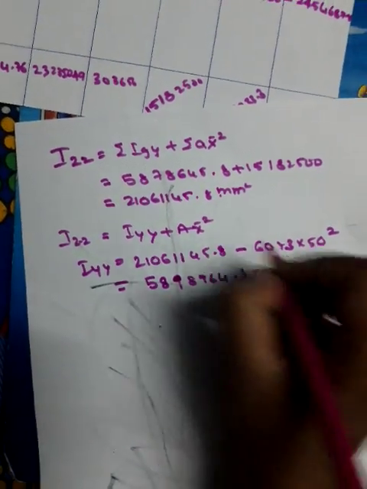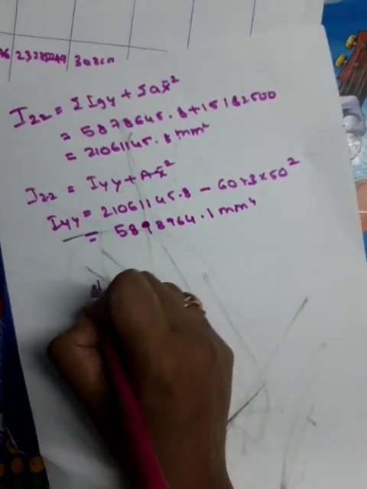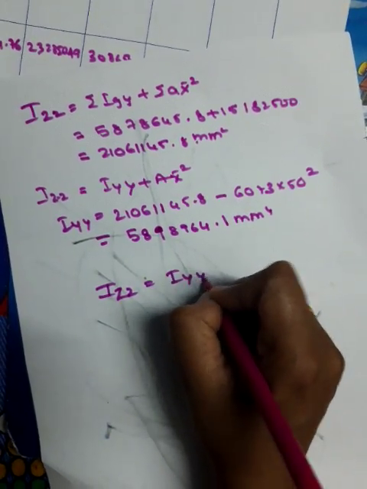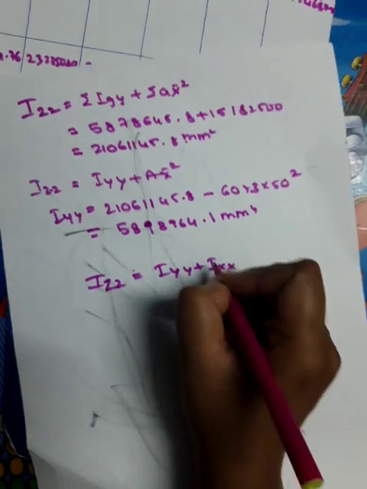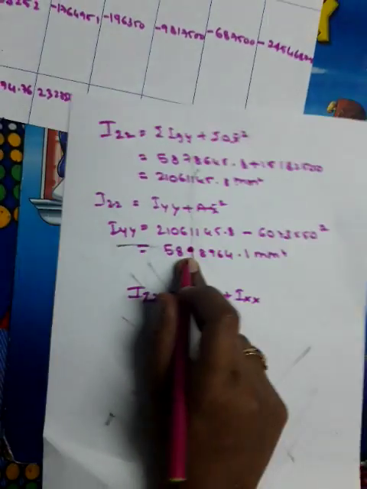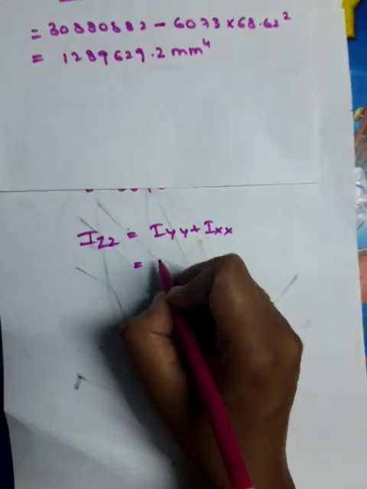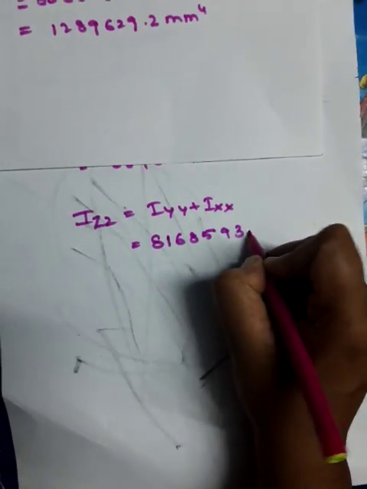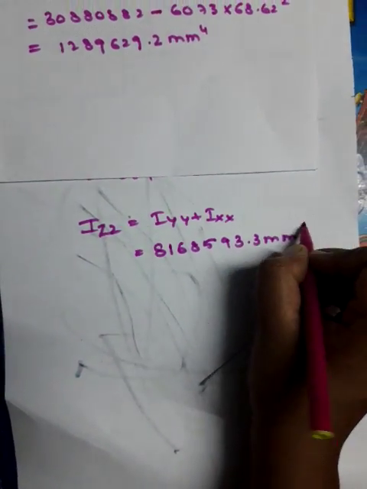Okay, so polar moment of inertia is equal to what? Ixx plus Iyy you will be getting. So if you add this value and the Ixx value, you are going to get the polar moment of inertia. Okay, so this is how we are going to solve the problem.